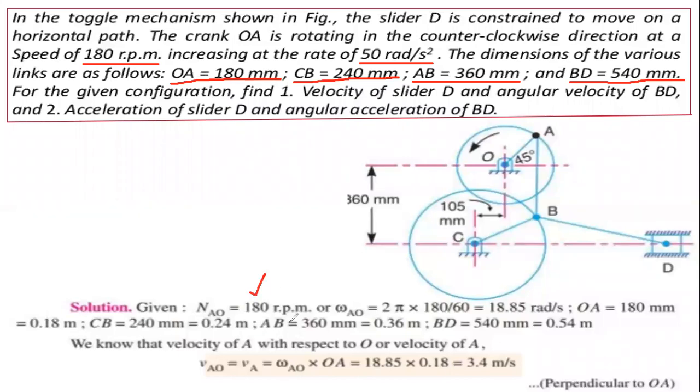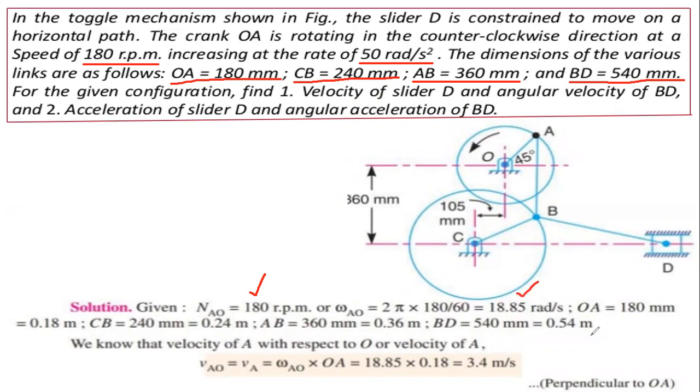From that speed we need to find the angular velocity of AO, that is omega of AO, that is 2 pi N by 60. So in total we get the value 18.85 radians per second.